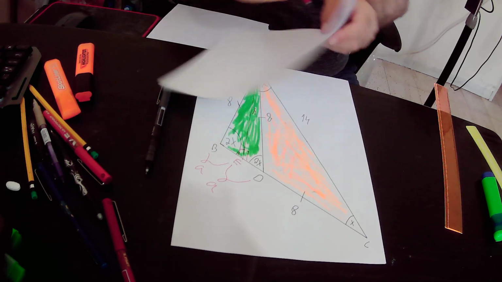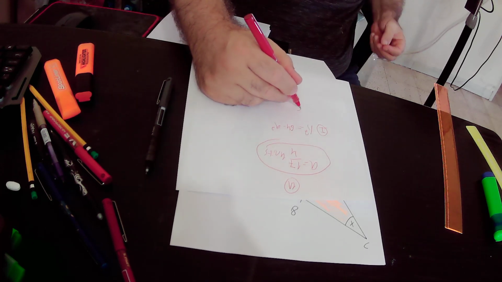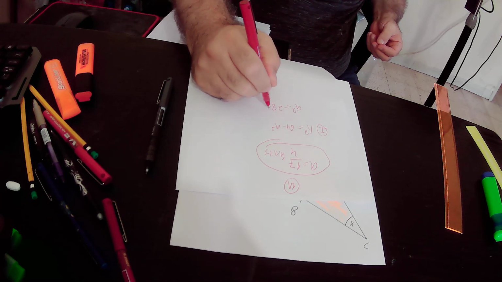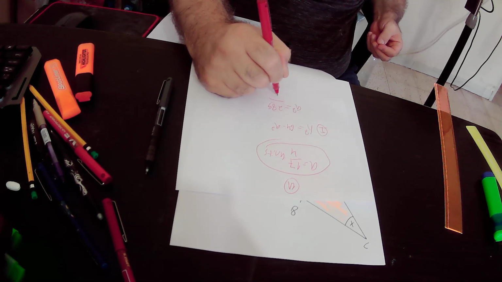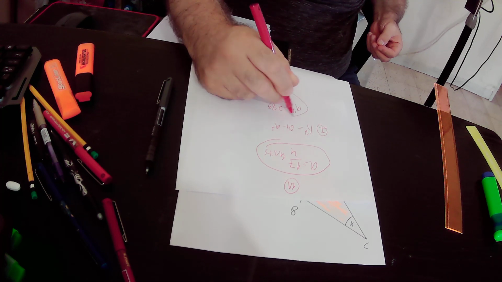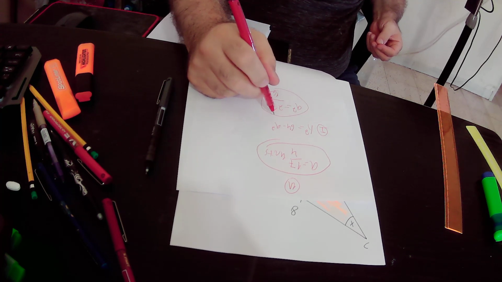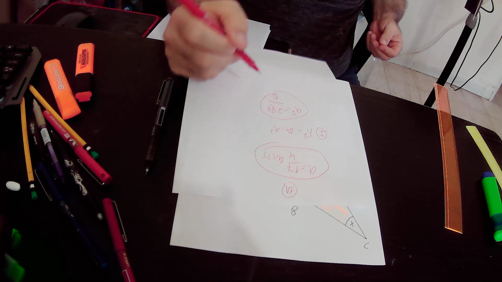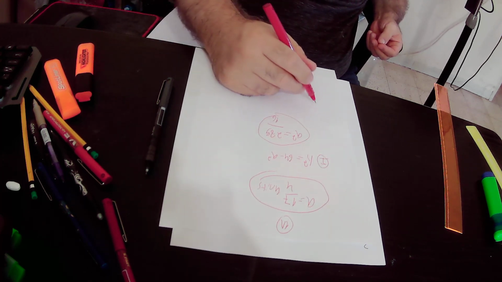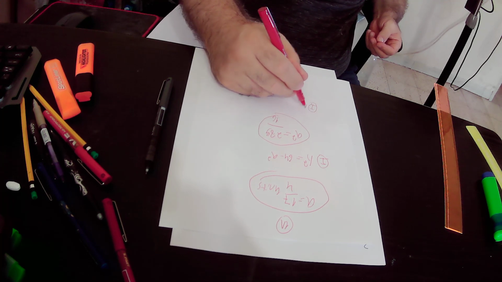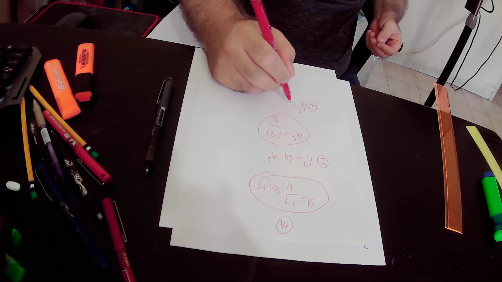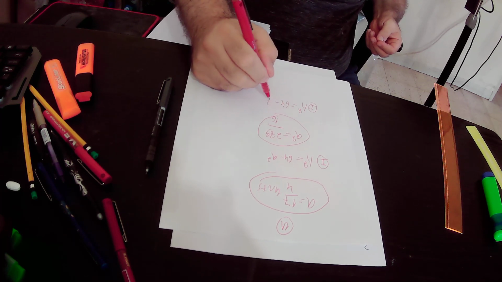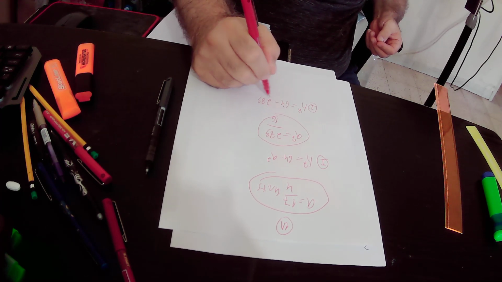So the value of a squared is actually 289 over 16. We can substitute a squared in equation number 1 by 289 over 16. We will get that h squared equals 64 minus 289 over 16.